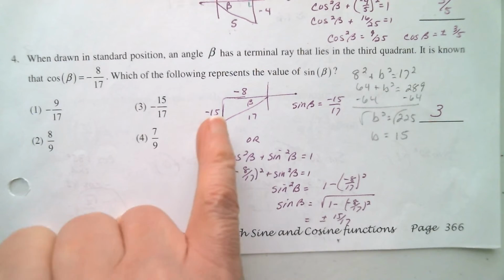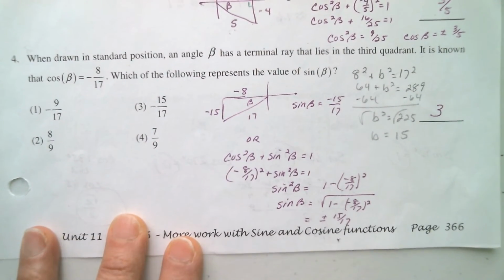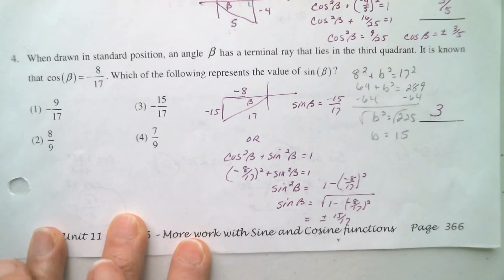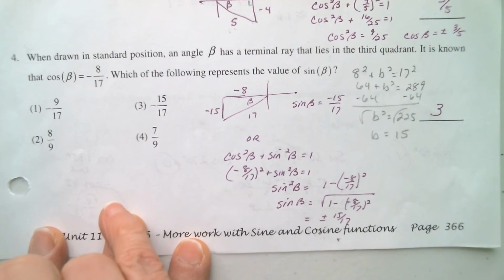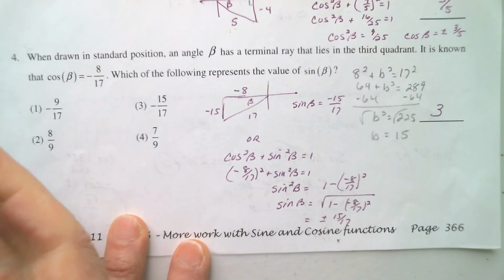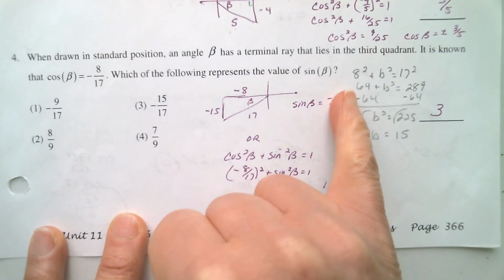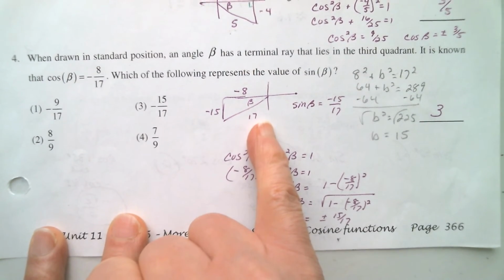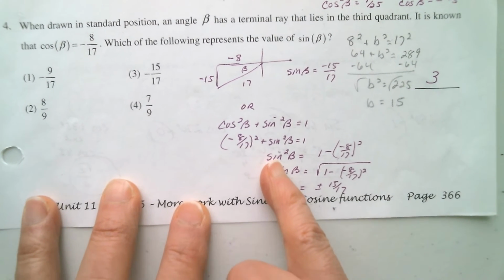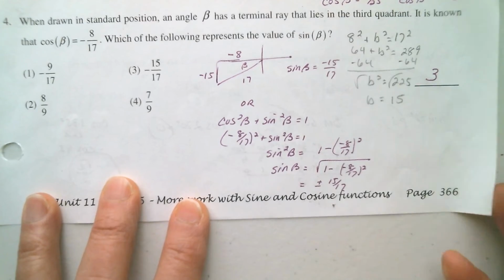Again, these actual lengths would be positive 8, positive 15, but so that I don't forget about the sign in the end of my answer, I'll oftentimes put the negative value there if it is negative. So then we want the sine. Sine is opposite over hypotenuse, negative 15/17. Or you could use the Pythagorean identity, which was done in number 3.